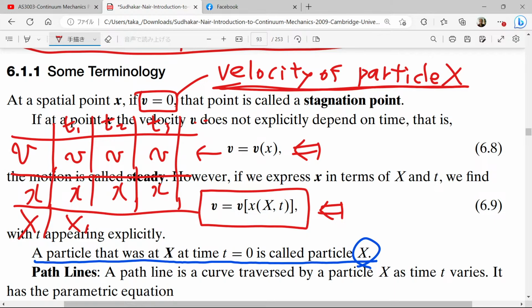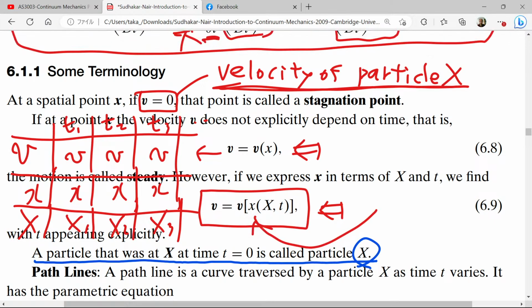So this seems like a particle change. At each time, particle change. So x doesn't change. Here you can see, x doesn't change.